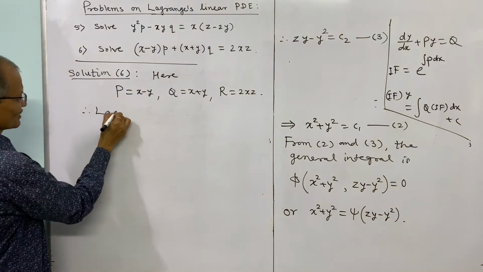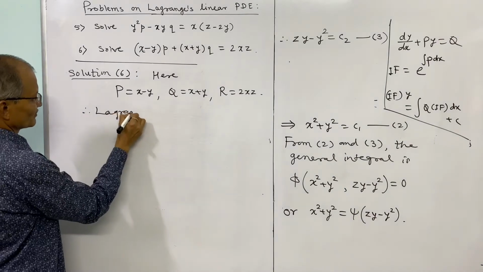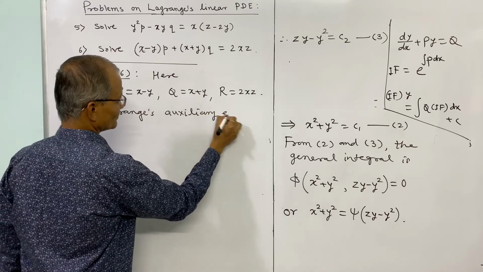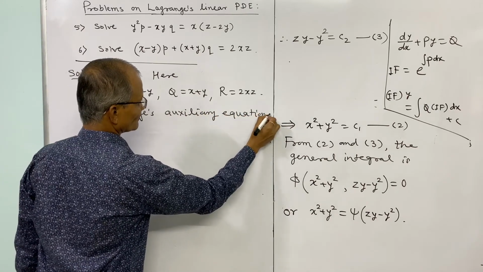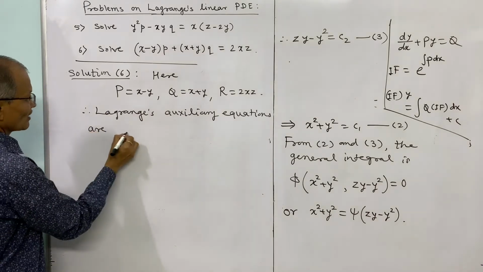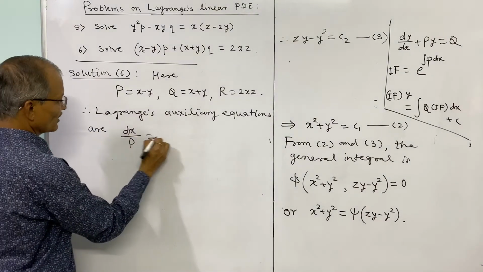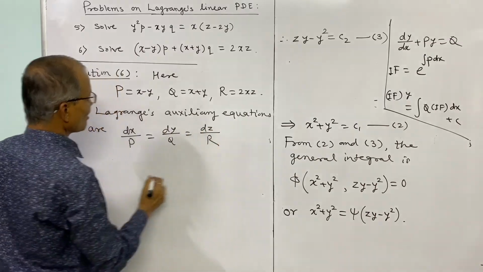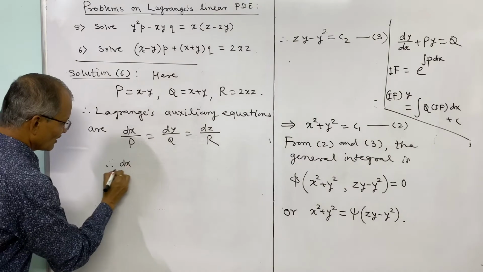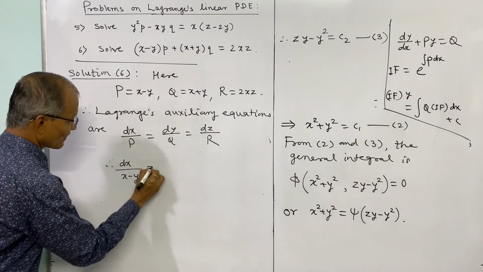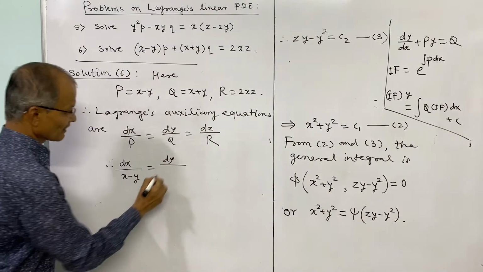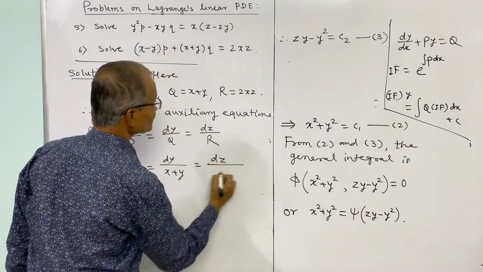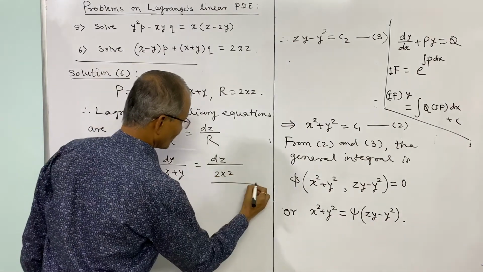Therefore Lagrange's auxiliary equations are dx upon P is equal to dy upon Q is equal to dz upon R, or that is dx divided by x minus y, dy divided by etc. Put the values of P, Q, R and refer to this as 1.